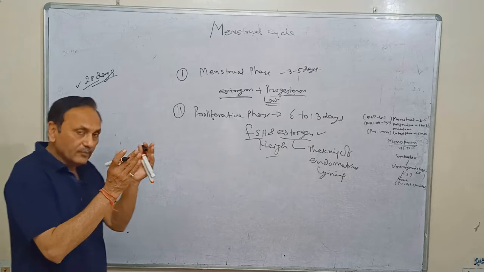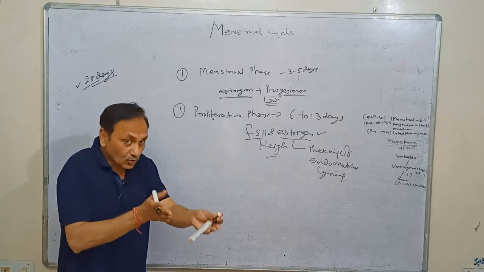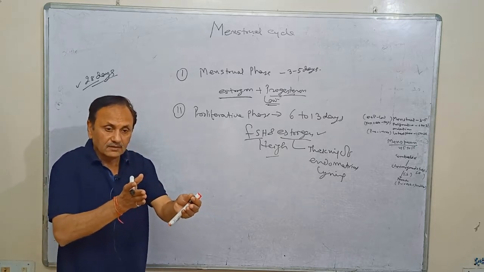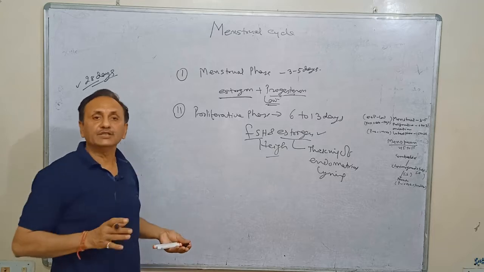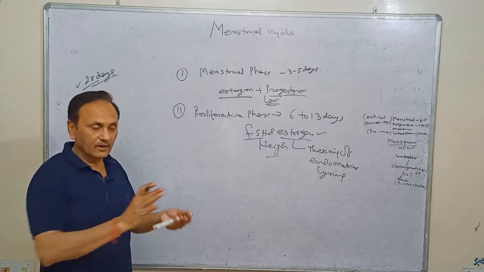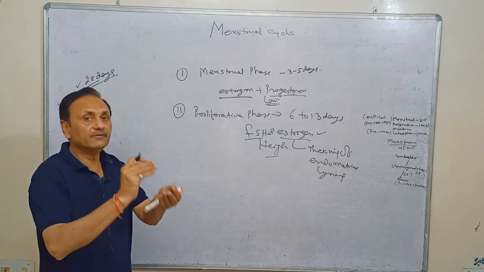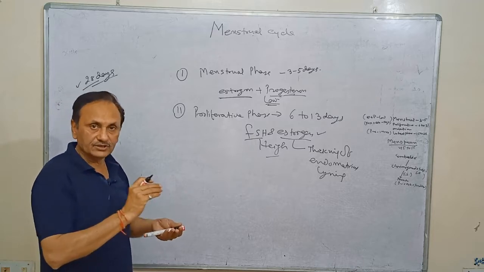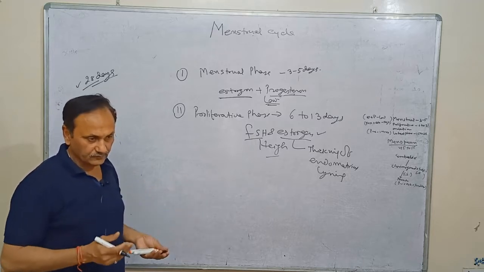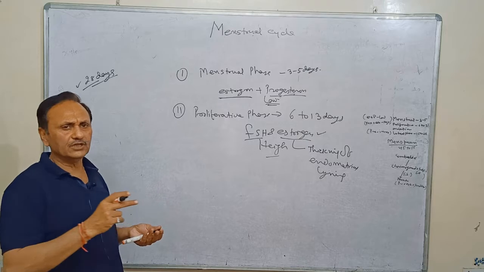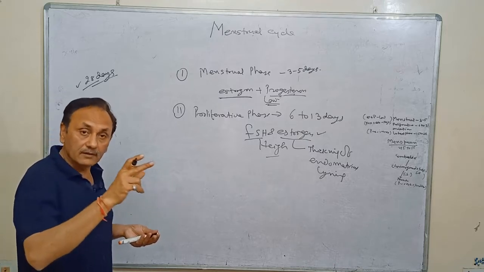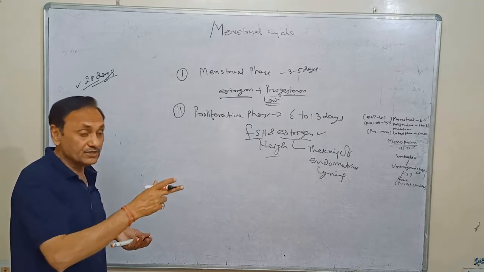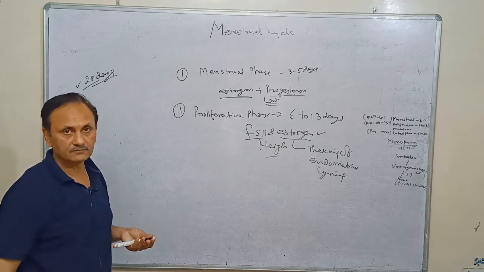It means the endometrium becomes thickened. What is the cause of thickening? That is the high vascularization. The blood capillaries are filled with high blood pressure, and due to that it becomes thickened, and the main purpose of the thickening is preparing the endometrium for the implantation of the ova.